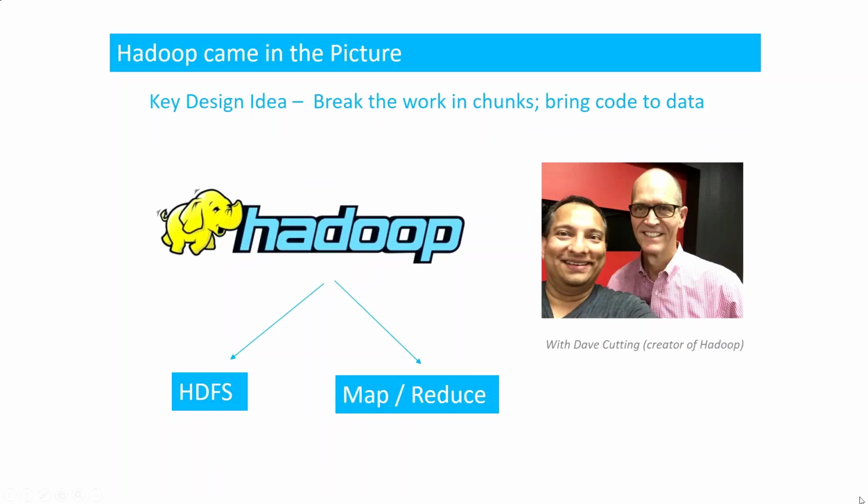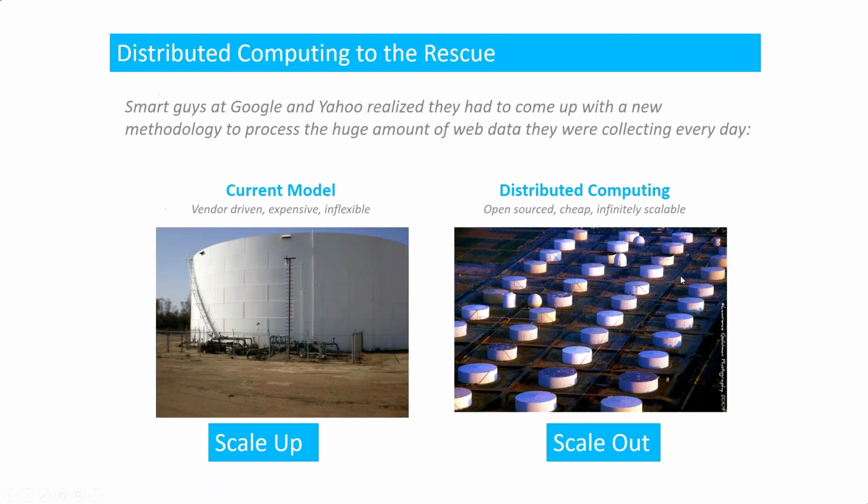But for distributed computing, and I'm a chemical and petroleum engineer, so I always give the oil and gas example. This is like a big tank at a refinery, and if you need to store more, you build bigger tanks. But the distributed computing model is more like a tank farm. If you have had the opportunity to see a refinery, you will see these tank farms. They don't have one big huge thing.